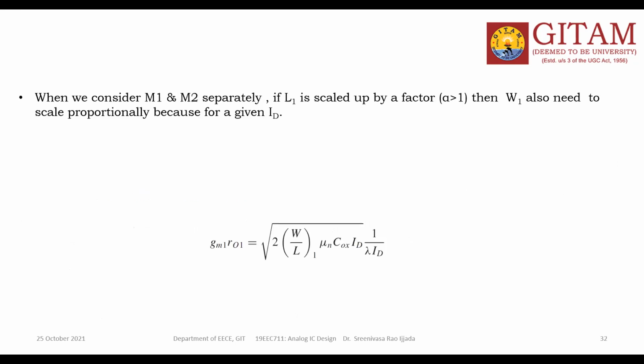When we consider M1 and M2 separately, where M1 is an NMOS transistor and M2 is a PMOS transistor, if L1 is scaled up by a factor of alpha, which is greater than 1, then W1 also needs to be scaled proportionally for a given ID. What does this mean? Let us start with M1, the NMOS device.